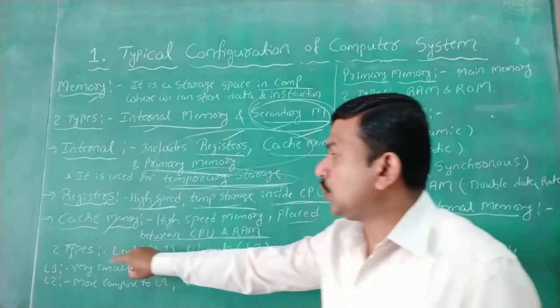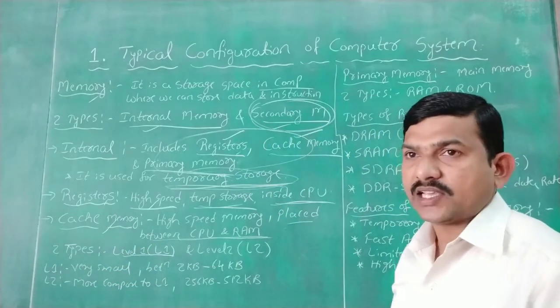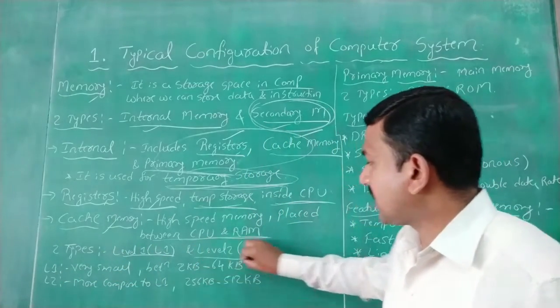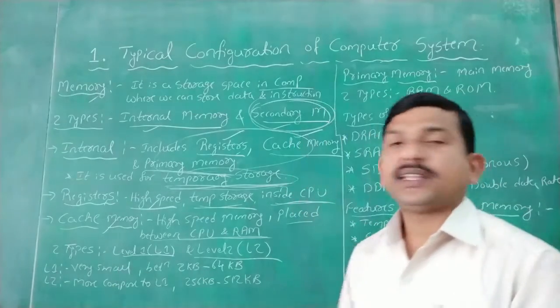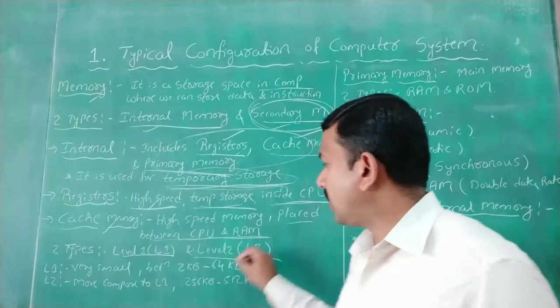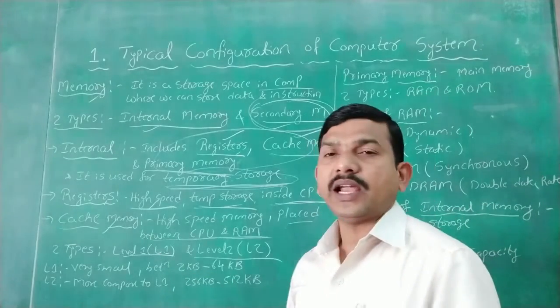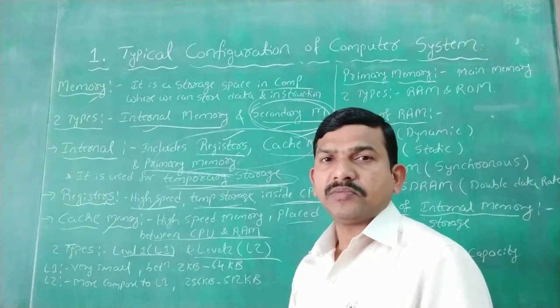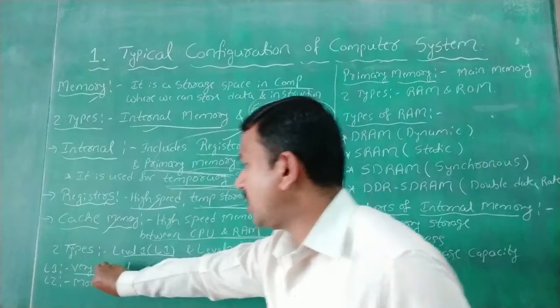Next, there are normally two types of cache memory. The first one is level 1 cache, that is L1, and the second one is level 2, L2 cache memory. What is the difference between L1 and L2? L1 is a very small memory.